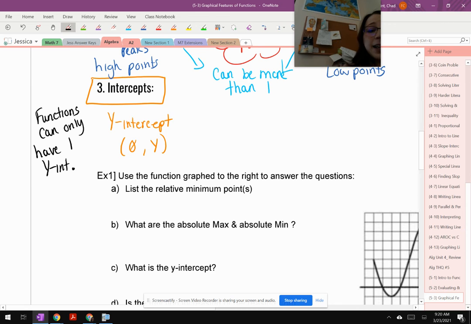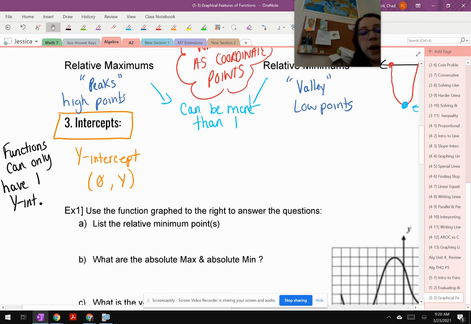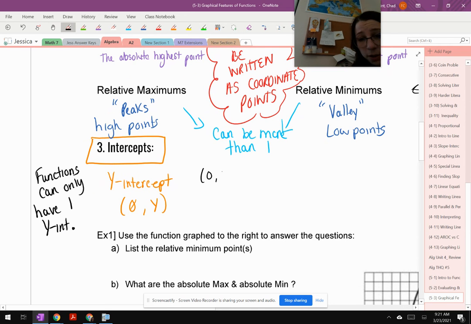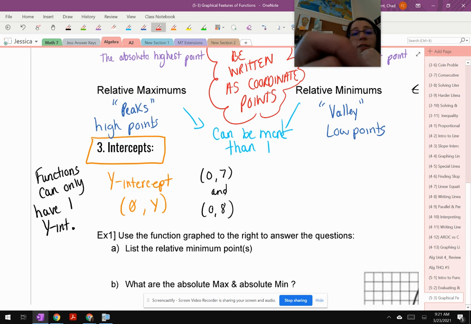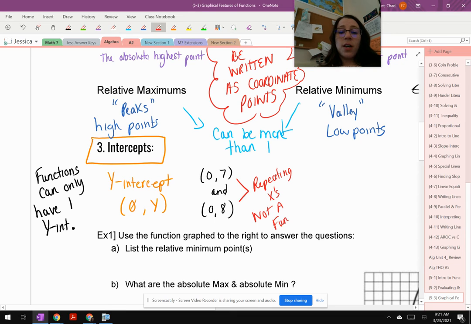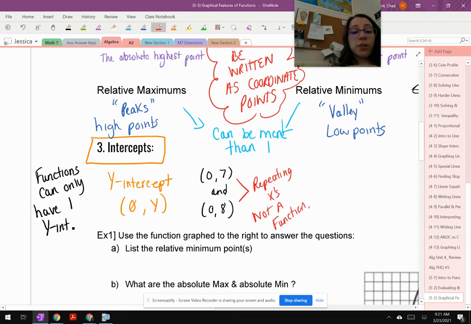Because if we take a little sidebar over here, if we have two y-intercepts, something like 0, 7 and 0, 8, that doesn't pass the rules for a function. That has repeating x values. Repeating x is not a function. That's why functions can only have one y-intercept.